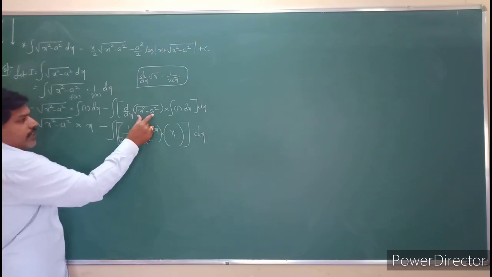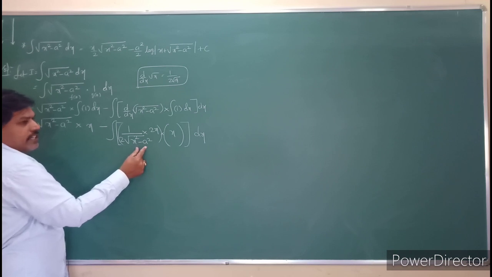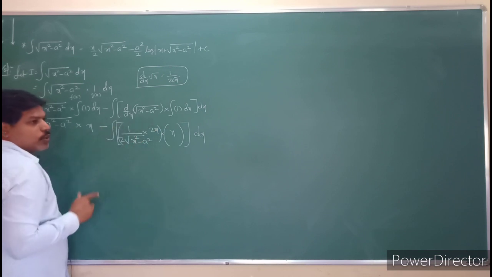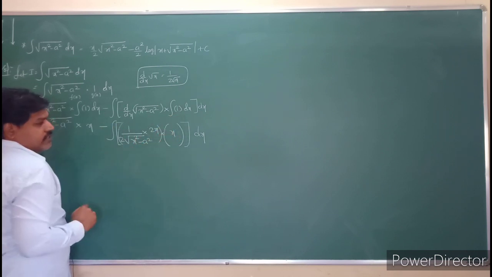Once again, the derivative of root x is 1 by 2 root x, but it is not x, it is x square minus a square. The derivative of x square minus a square is 2x, into the integral of 1, which is x.